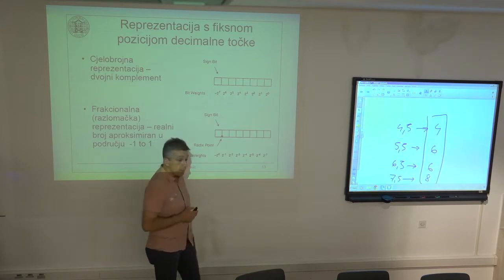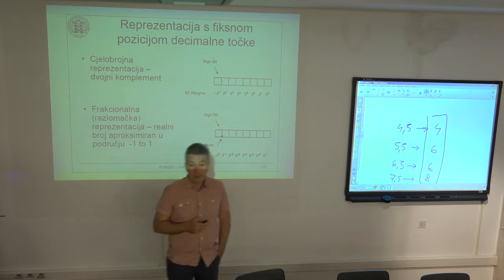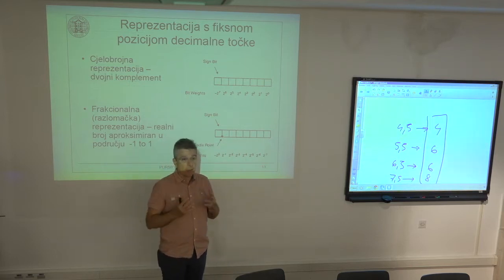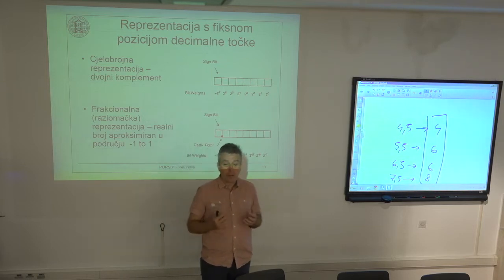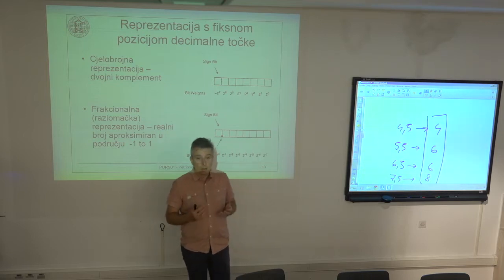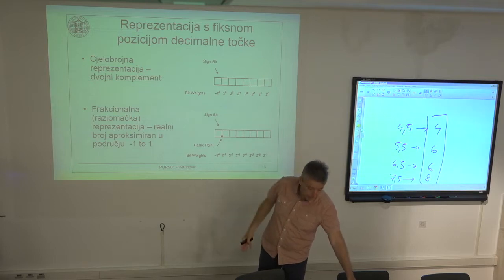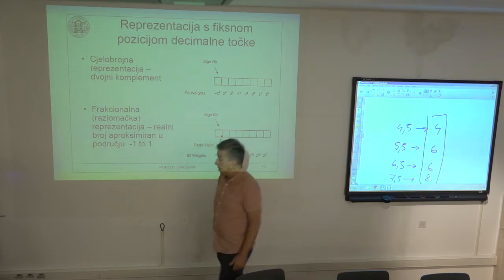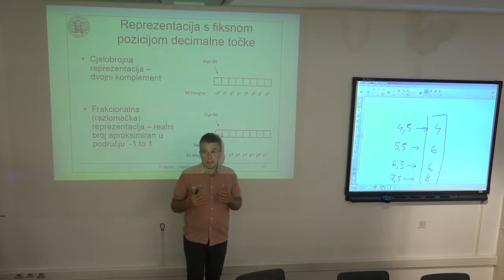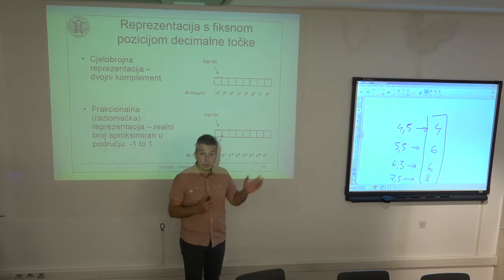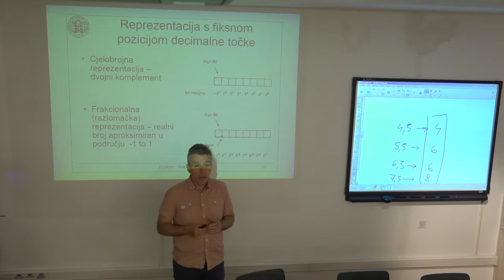A very similar thing is fractional representation, and as we said, it is only something in our head, in our mind, but it doesn't make any difference in the actual implementation. You have a conventional full adder. In the case of 8-bit representation, it would be an 8-bit full adder. It doesn't matter if you have this denominator equal to 128 or not, because this scale is only in our head.